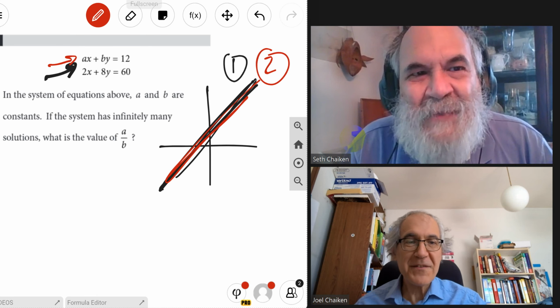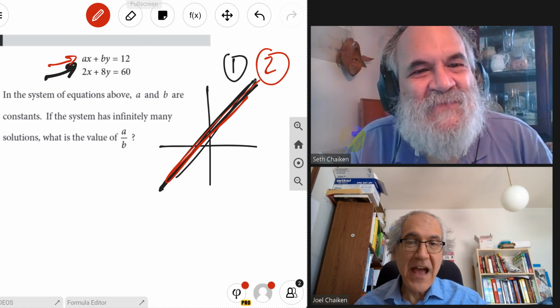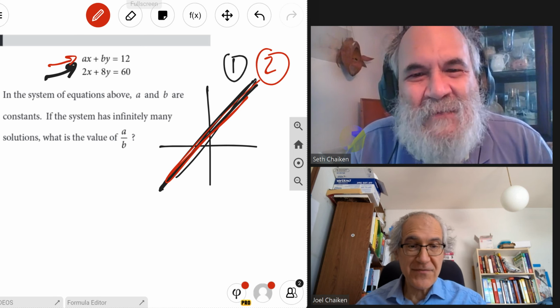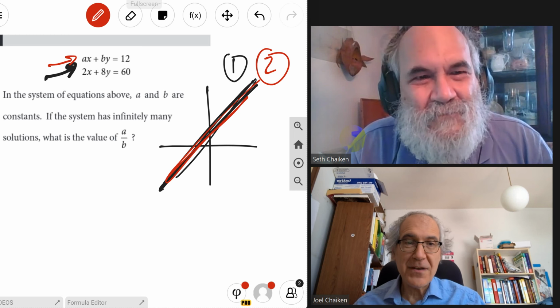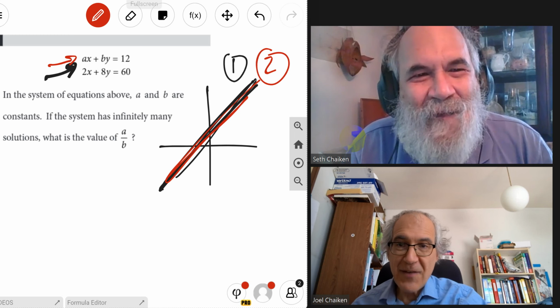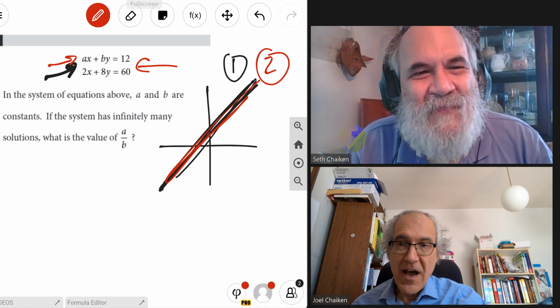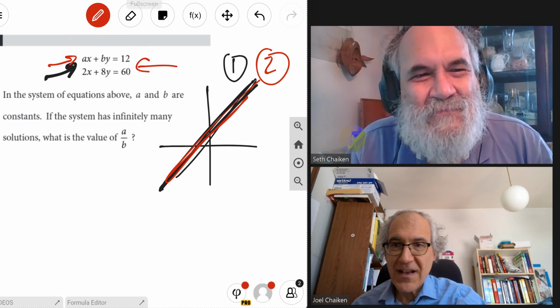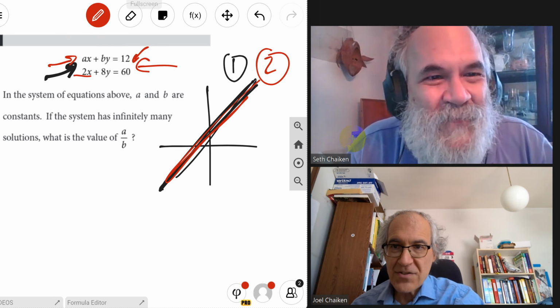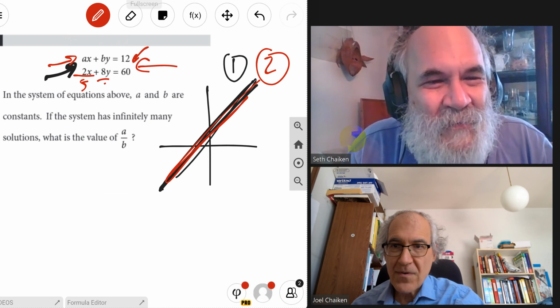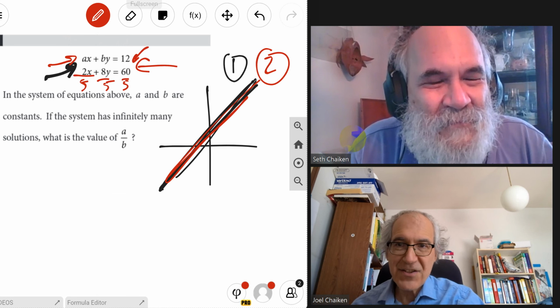Okay, so let me take a crack at this. I bet you and I are going to do this different ways. Let me take a quick crack at it, and let's see if I get the same answer you do. Because I want these equations to be the same, you've got a problem there with the 12 and the 60. So I'm going to divide this equation by 5, so that at least the 12s are the same.